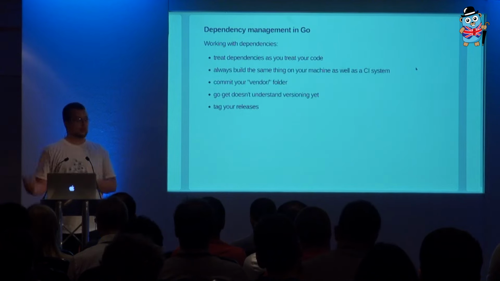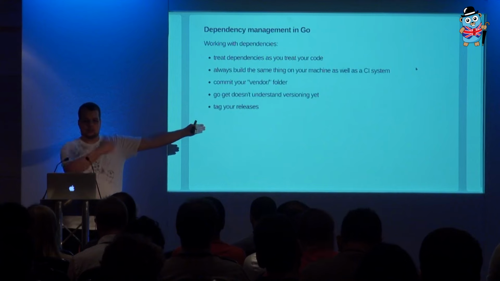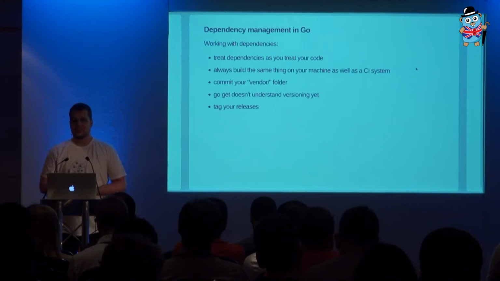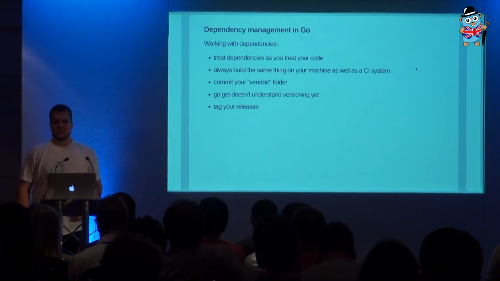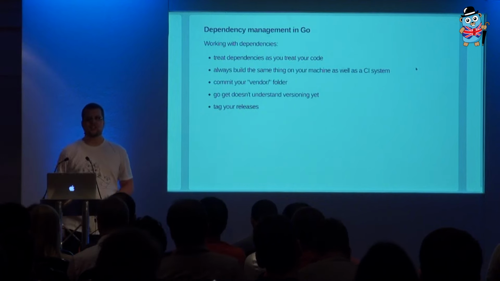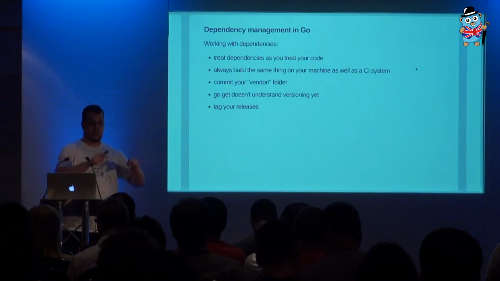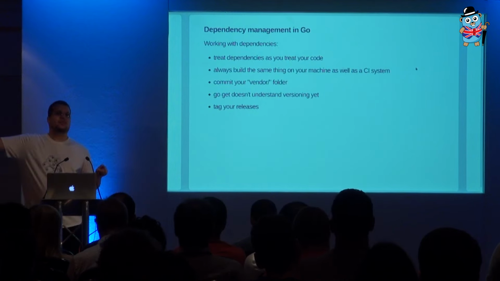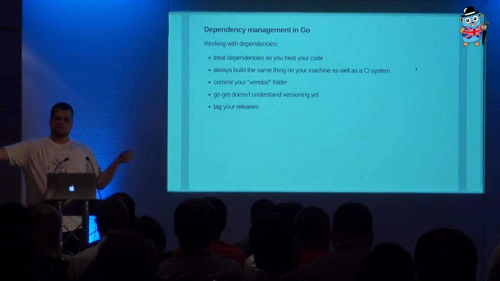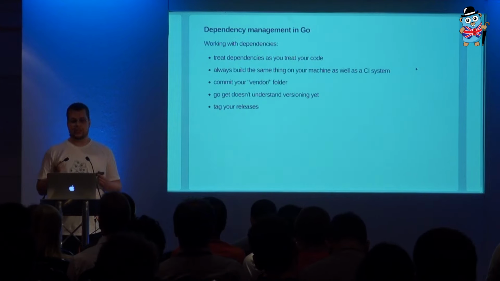And since go get, for example, depends on the latest master version, you might commit something now on your machine, it might work, and your CI system might break, and you don't want that. Or even worse, your CI system might actually work, but build a binary which does something else. And that's not good in production because you might risk losing data, for example.